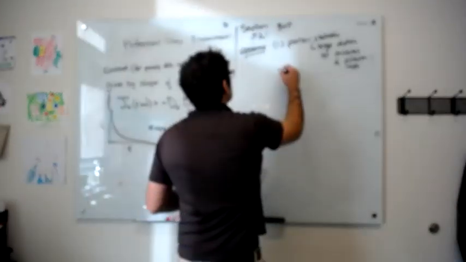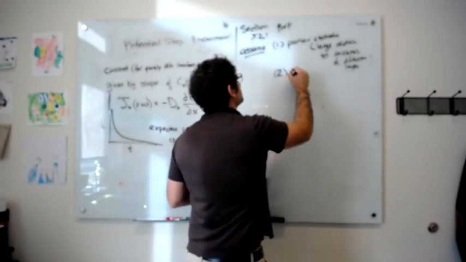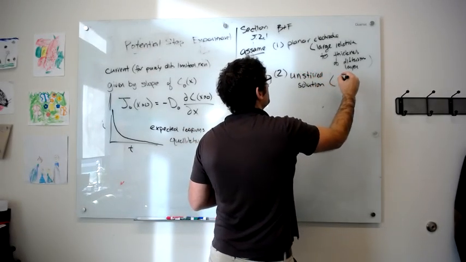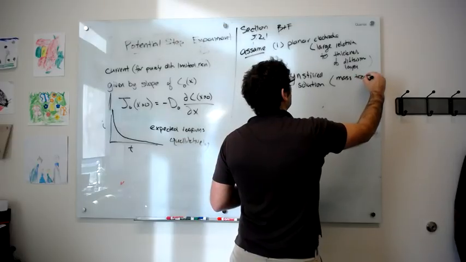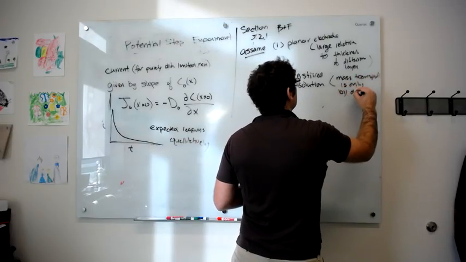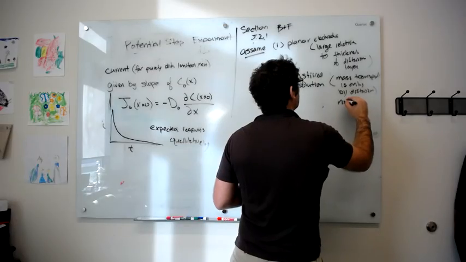And the second assumption is that we have an unstirred solution. So what that means is, of course, mass transport is only by diffusion, so no convection.